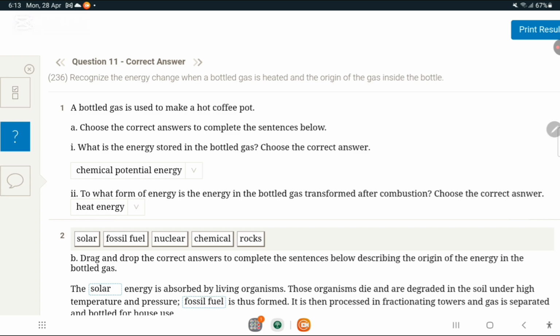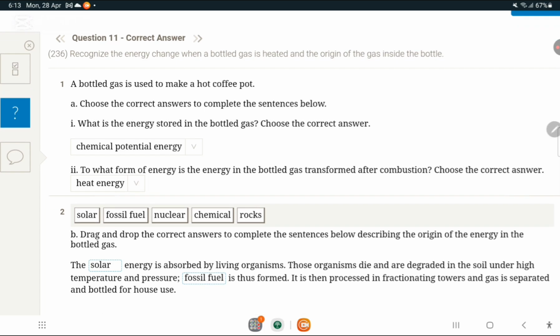It's still waiting to be used. To what form of energy is the energy in the bottled gas transformed after combustion? It's heat energy, because they said combustion, which means it's going to react vigorously in high temperatures or heat.